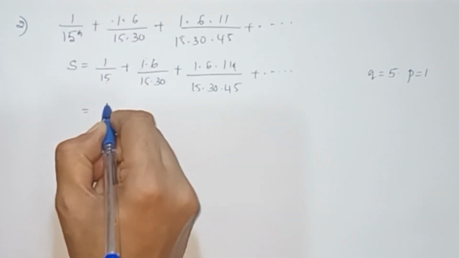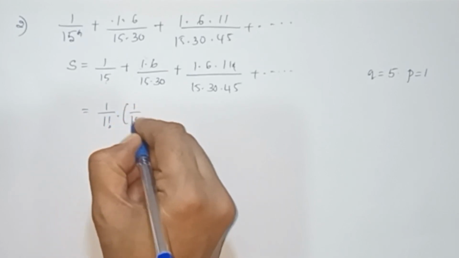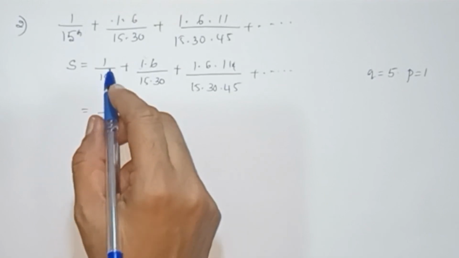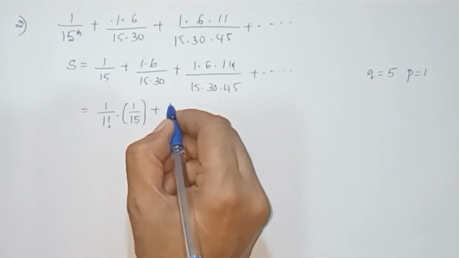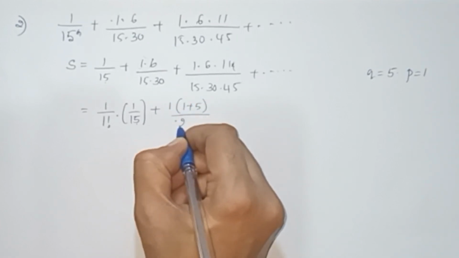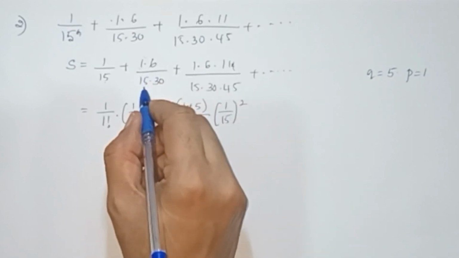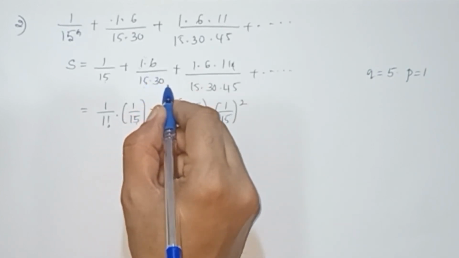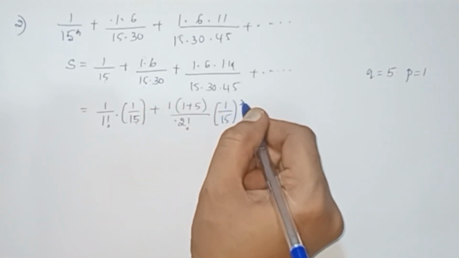So this is equal to 1 by 1 factorial into 1 by 15. So I have written this 1 by 15 separately because that gives you x by q, plus 1 into 1 plus 5 by 2 factorial into 1 by 15 whole square. 15 ones are 15, 15 twos are, so 15 into 15, here 1 by 15 whole square.